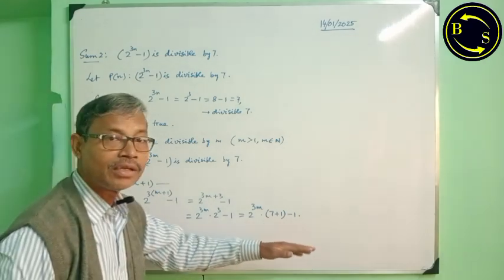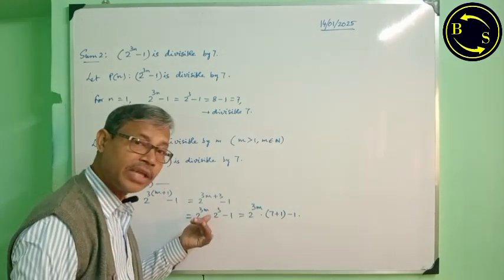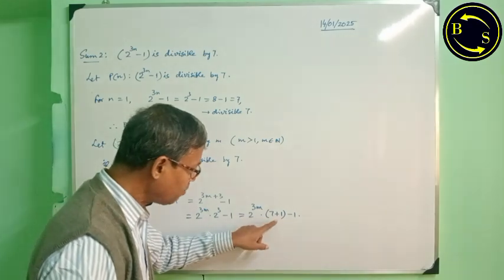Note this step. I have written 2 cube means 8, 7 plus 1.